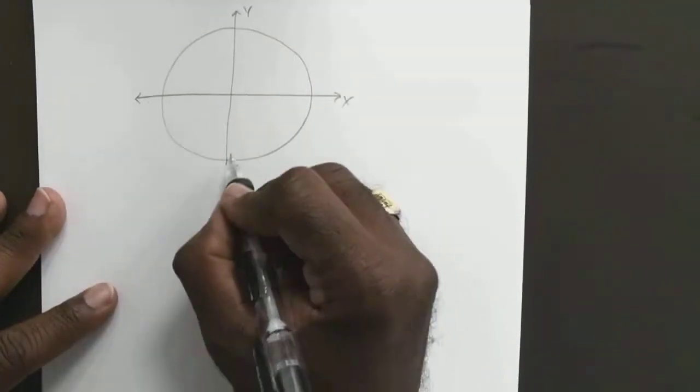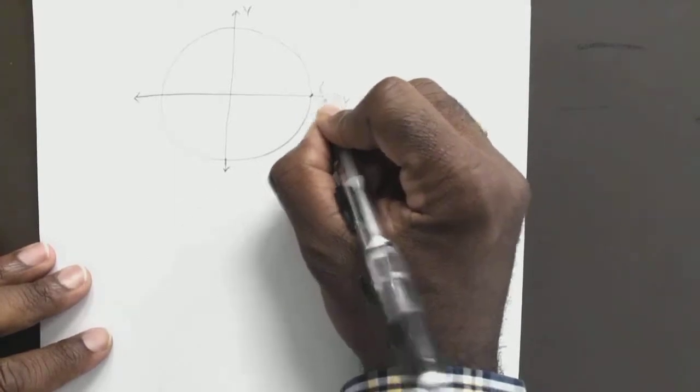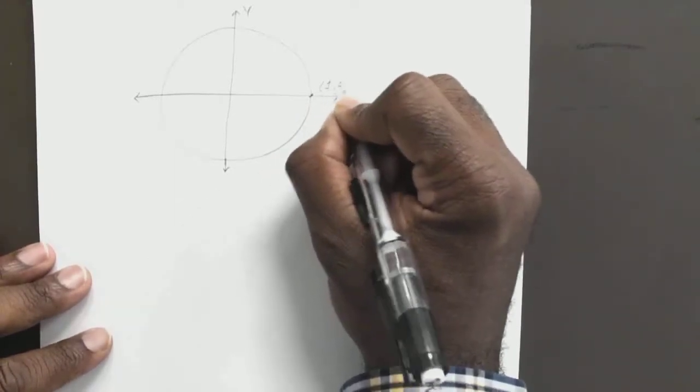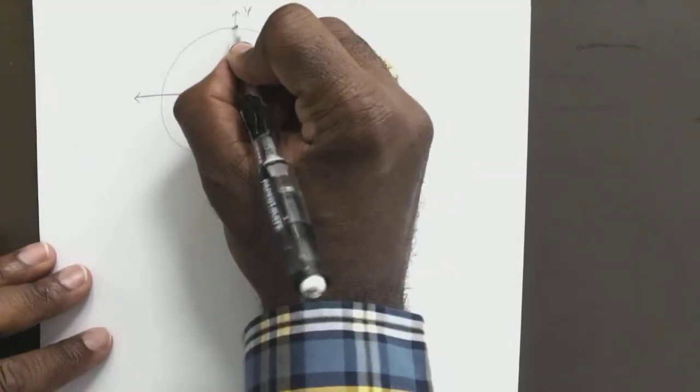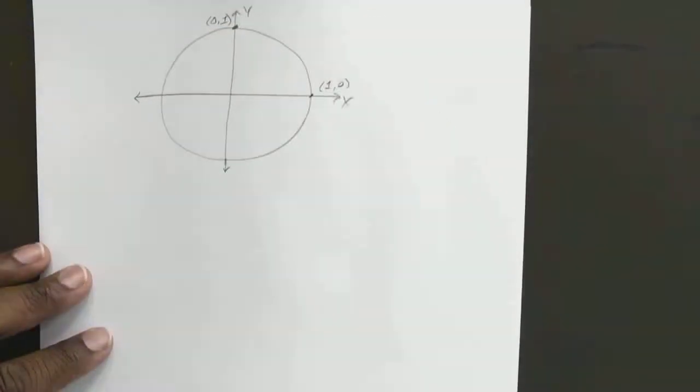Probably won't be able to draw another circle that nice all day. Okay, so we have 1, 0. We have 0, 1. Okay, we know those points.